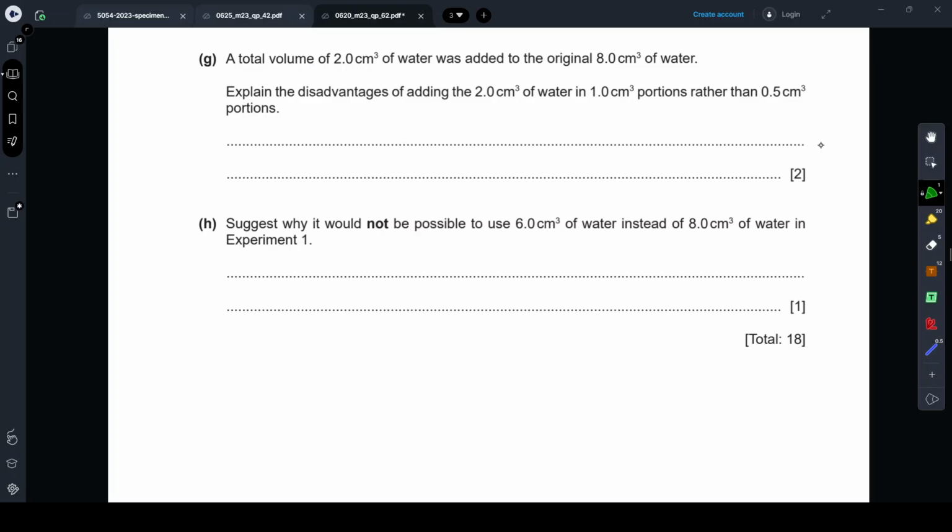Yes, so you will have fewer results to plot your graph. I don't know what else comes to mind. And so your graph will be less accurate? Yes.